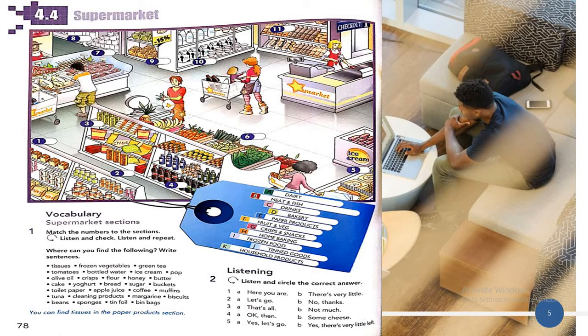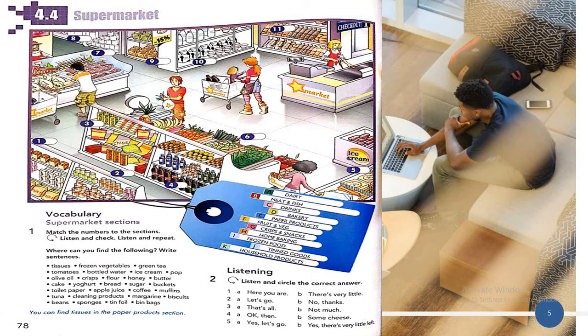C, drinks. D, bakery. E, paper products. F, fruits and veg, which means vegetables. G, crisps and snacks. H, home baking. I, frozen food. J, tinned goods. And K, household products.